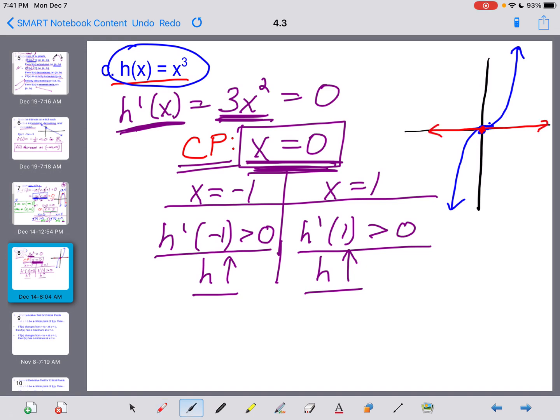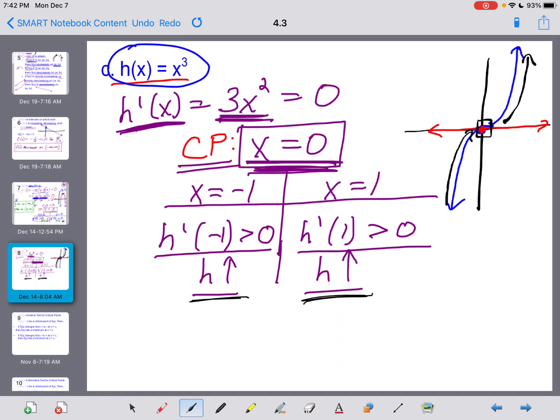Now, let's talk about behavior, which was the whole point of what's going on. As we begin this graph, from negative infinity all the way on up here to 0, the function is increasing, and that's what we saw. At 0, it levels out, but only for an instant, only at the value x equals 0. And then, as you move any further to the right, this function begins to increase again and does that out towards infinity.